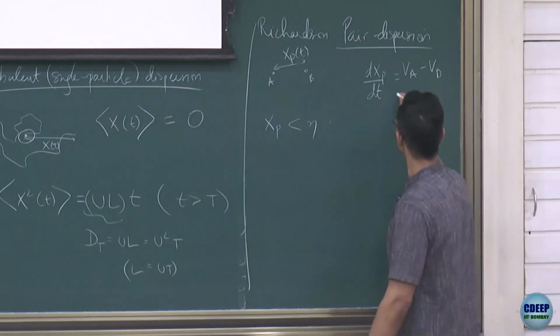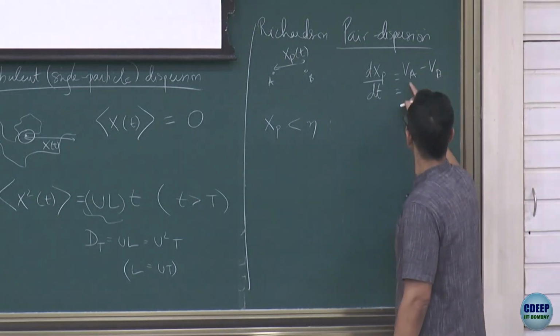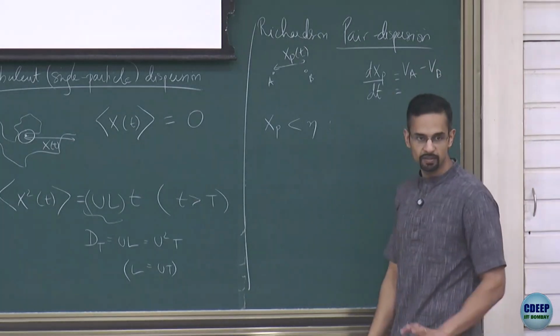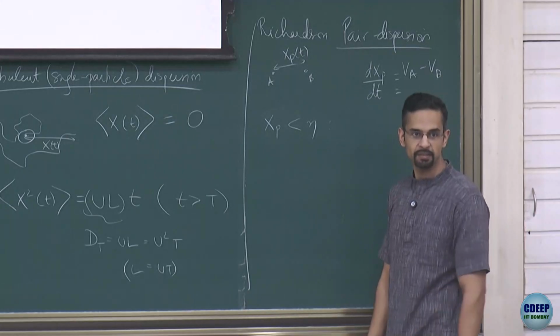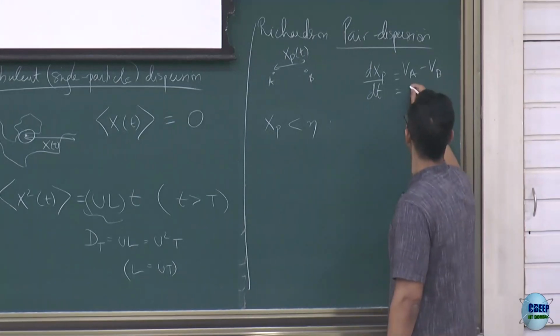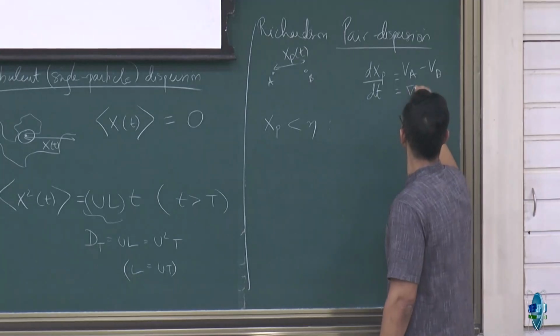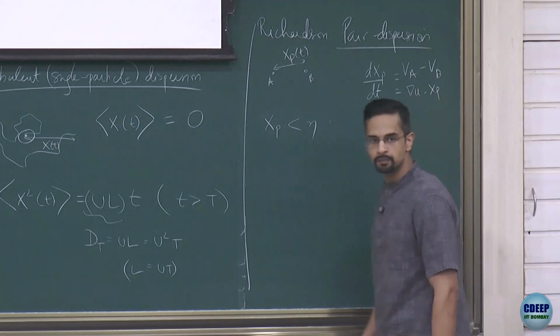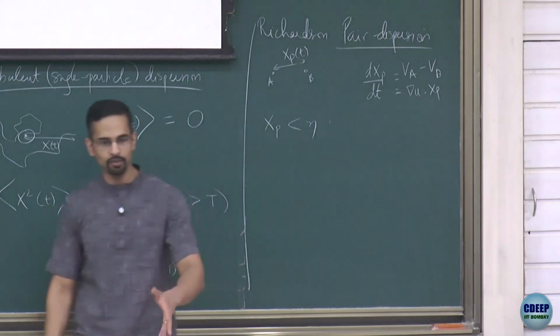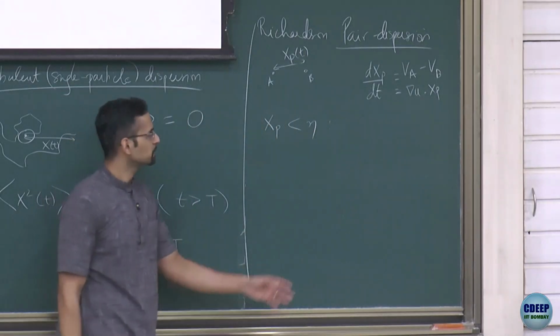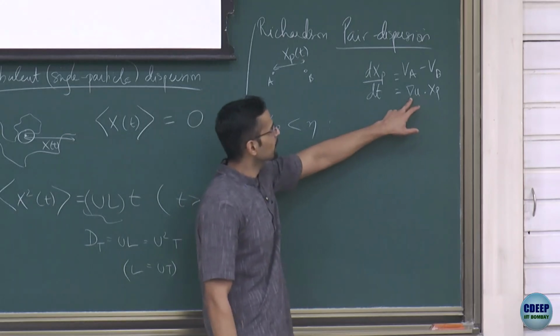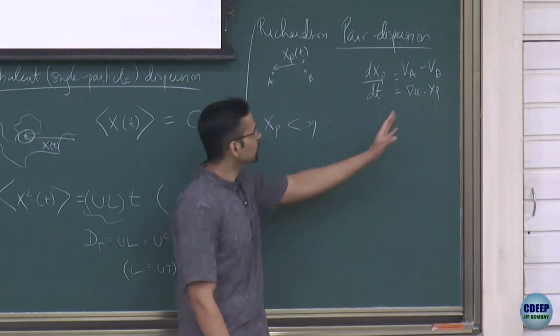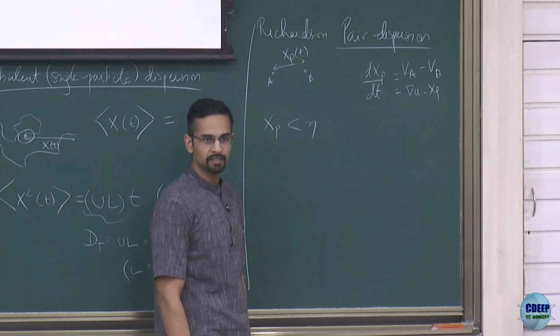But that itself is just going to be some constant, which is the velocity gradient, multiplied by xp. This velocity gradient, of course, will be a fluctuating thing, but more or less you can see that on small time scales, if this remains constant, you will get exponential separation.